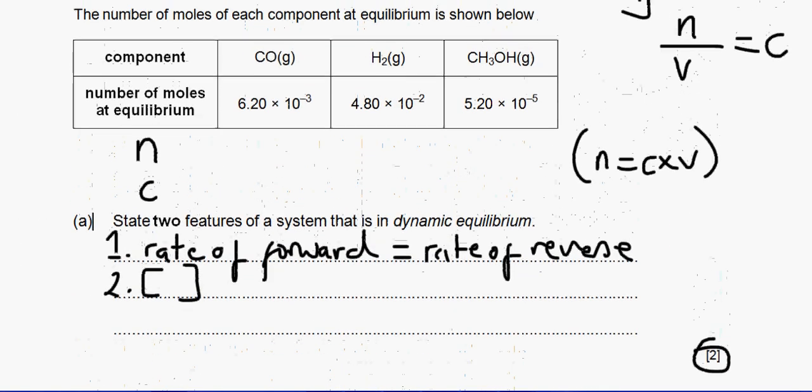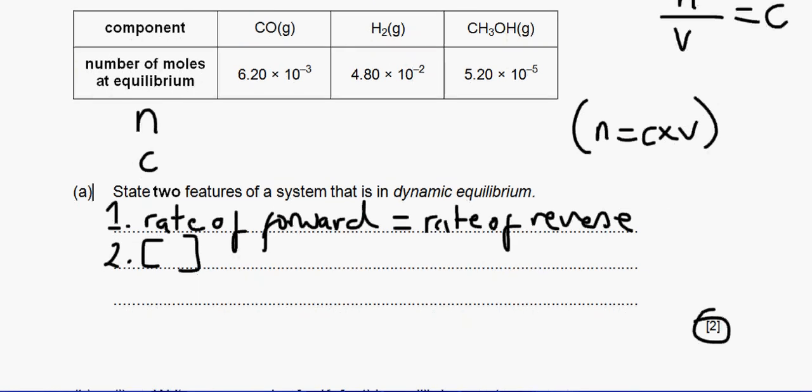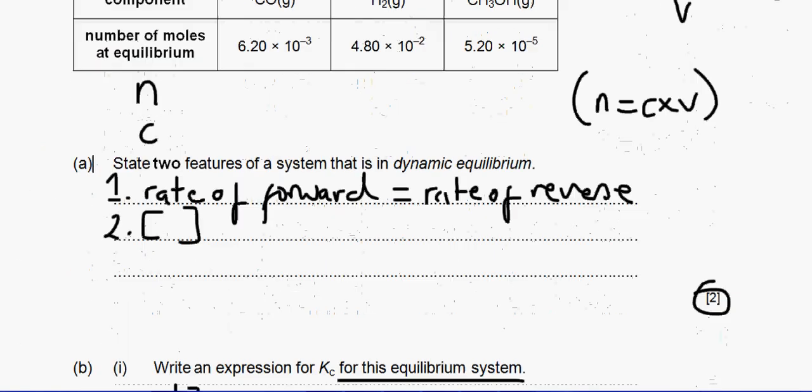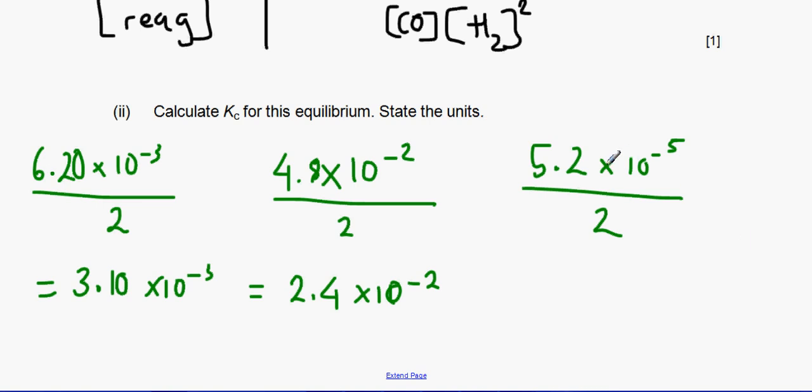Now for methanol, it would be 5.2 times 10 to the minus 5, I believe, divided by 2. Let me just double check. Yep. Divided by 2. And that should give us 2.6 times 10 to the minus 5.